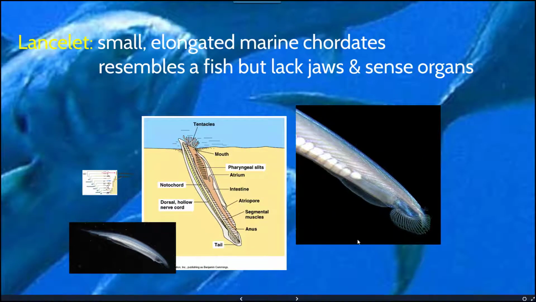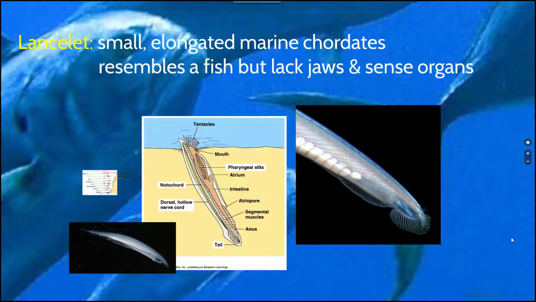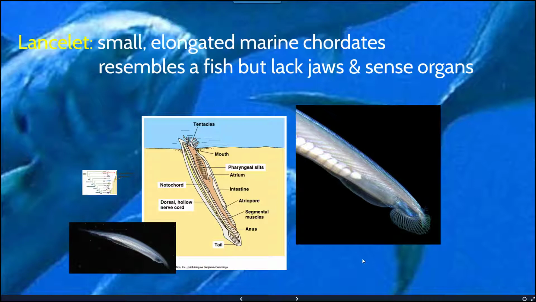So let's go ahead and walk through those organisms, starting with the lancelet. These organisms are small, elongated marine chordates. They have a notochord, which is that characteristic of chordates that's important. They resemble fish, but they lack a jaw and sense organs.